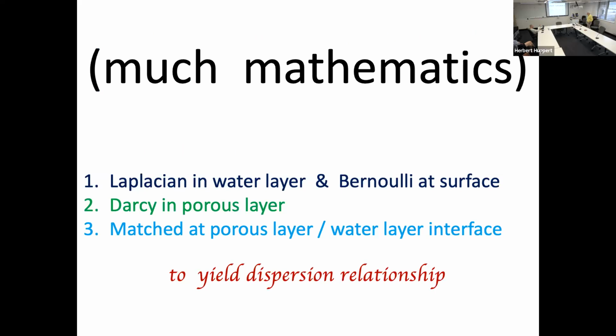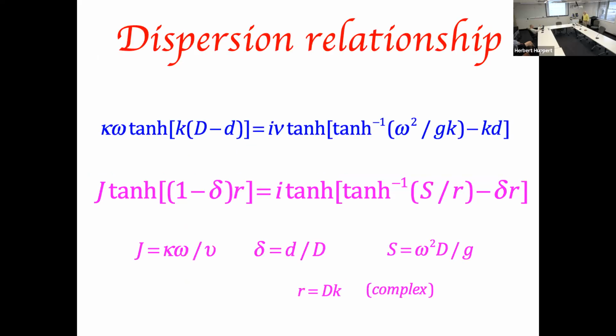I'll just tell you what the result is after, as I've written down again, the ideas to get a dispersion relationship. And the dispersion relationship you get is here. Look at the top line in blue, and we'll just have a little check.